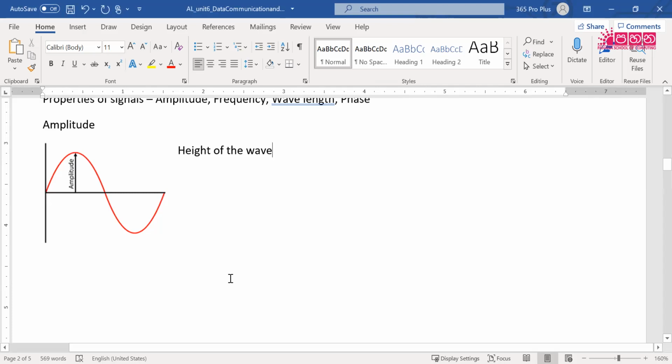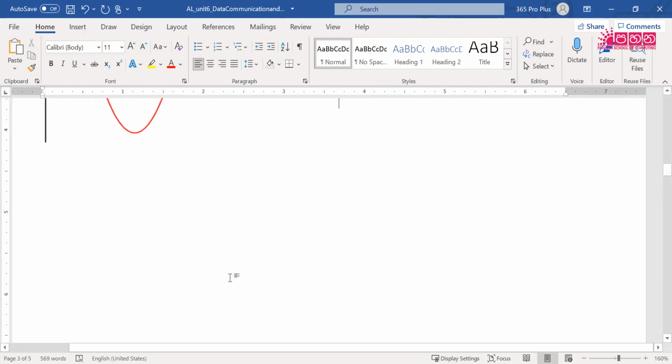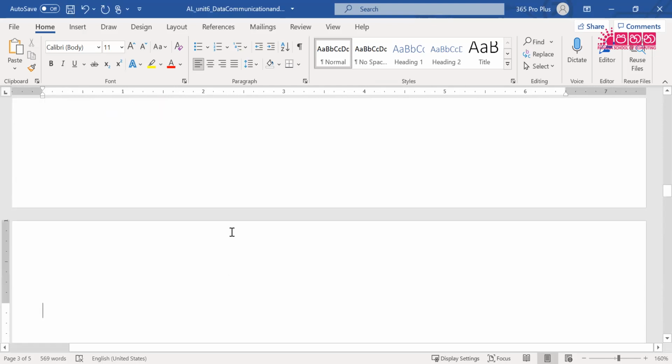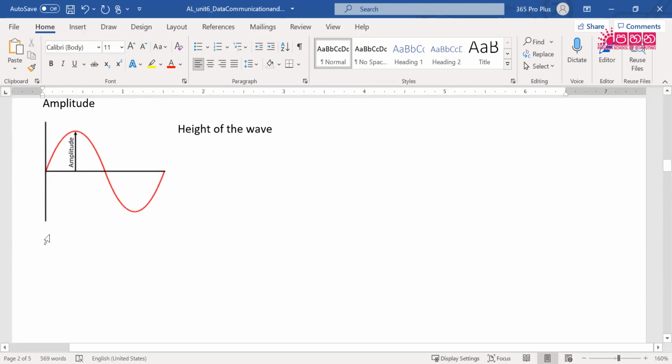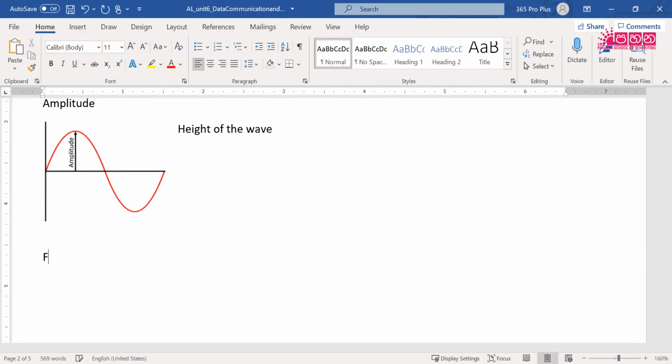So we can simply say height of the wave. Right. Then let's take down frequency.